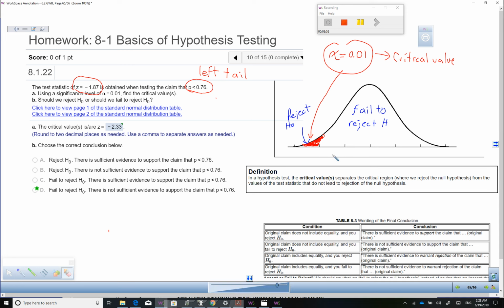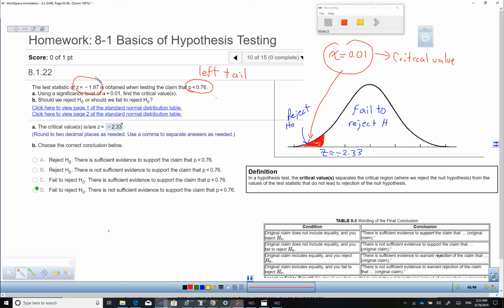So let's see, negative 2.33. Let me write this part again. So this critical value determines if you reject the null hypothesis or fail to reject.